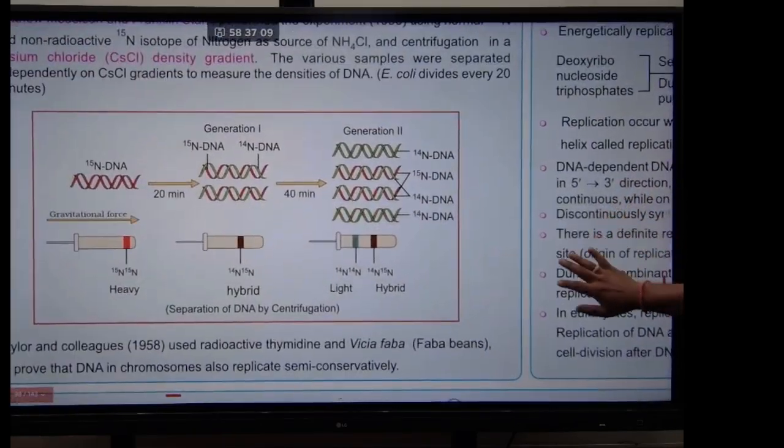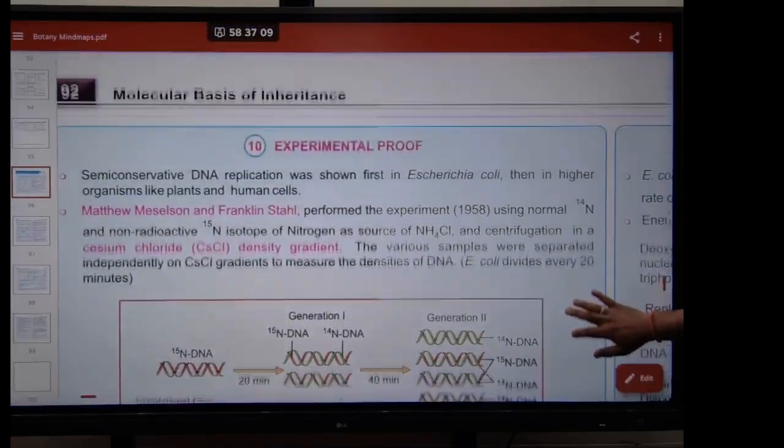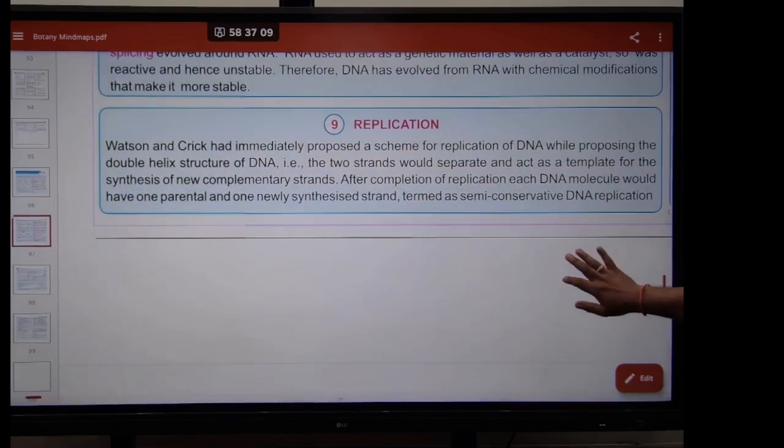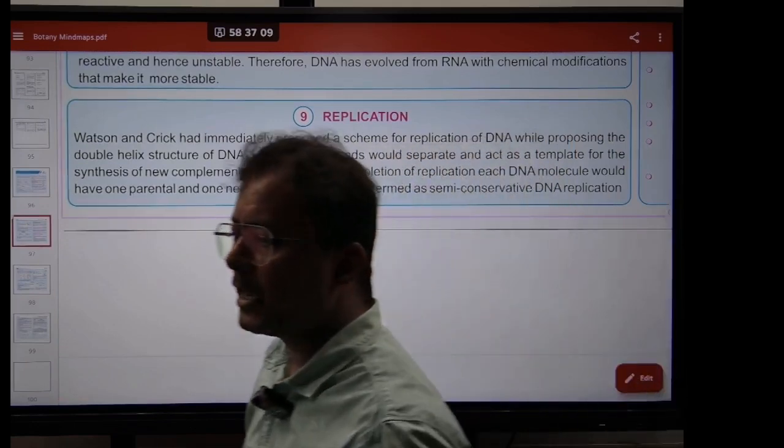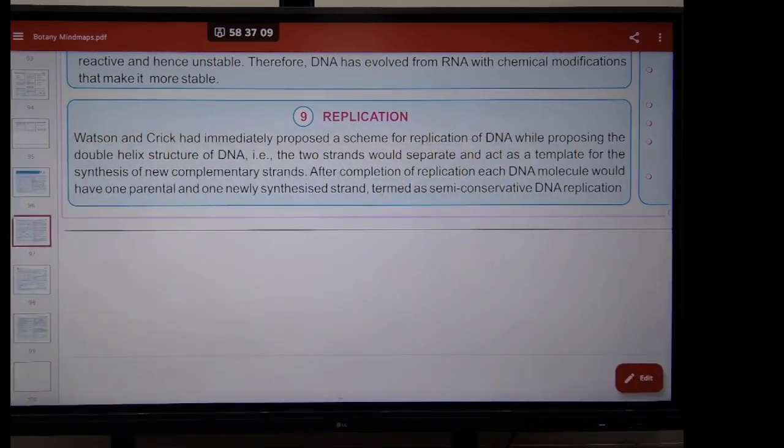So this is the experimental proof of DNA replication. Once the DNA structure had been elucidated by Watson and Crick, they also proposed how the DNA doubles itself, which is called replication.